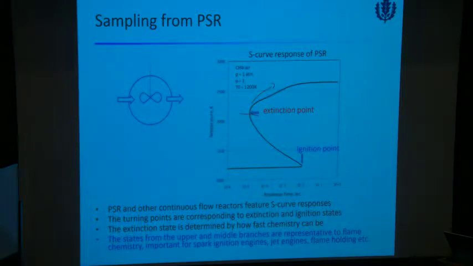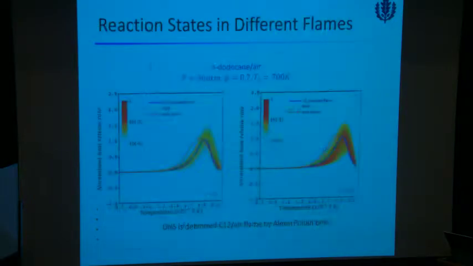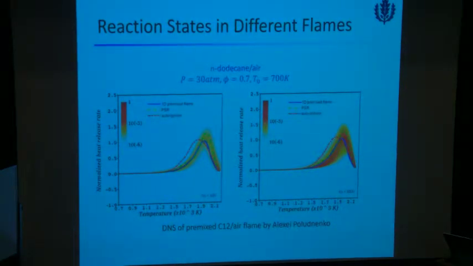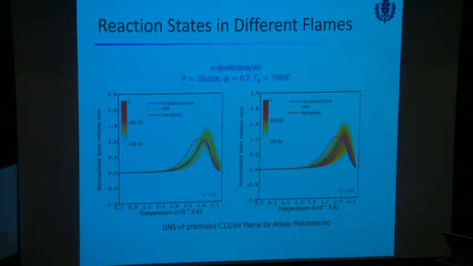That corresponds to the extinction turning point. So that means you keep on reducing residence time. Reducing residence time means you are increasing the flow rate, right? Because residence time tau is proportional to volume over flow rate. If you have a higher flow rate, you get a shorter time to stay in the combustor.